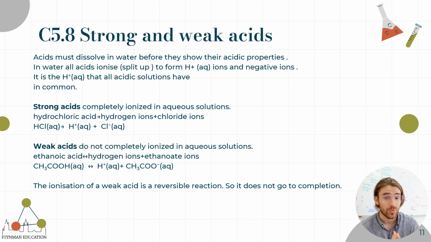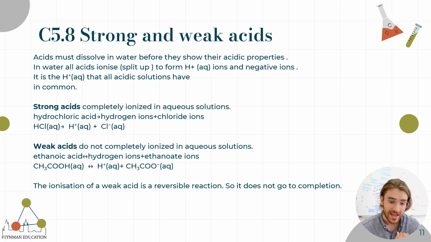When it reacts with water, it's going to ionize. Okay, it's going to split up and you're going to have these free hydrogen ions floating around. This is what gives it its acidic properties, that all acids are going to have these free hydrogen ions moving around. Okay, a strong acid is going to be completely ionized in the aqueous solution, such as hydrochloric acid.